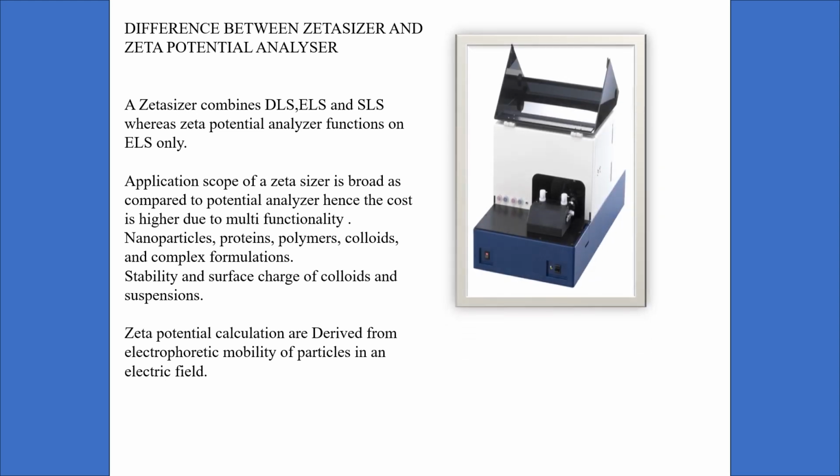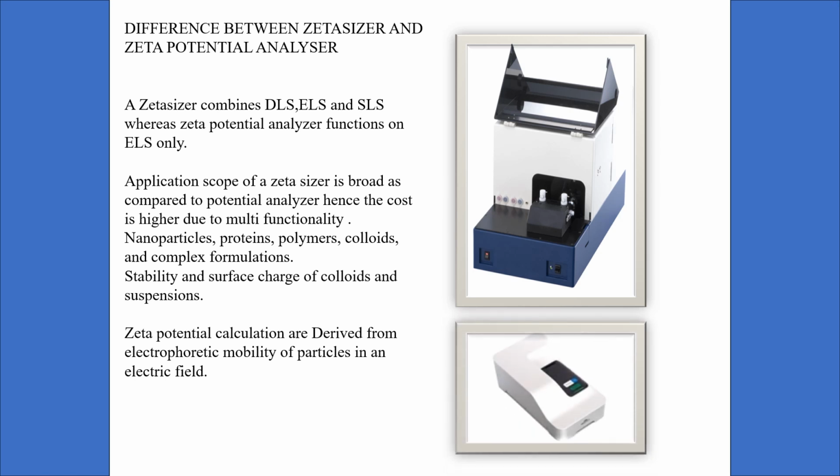The application scope of a Zetasizer is broad as compared to that of a zeta potential analyzer. A Zetasizer can analyze nanoparticles, proteins, polymers, colloids, and complex formulations, whereas a zeta potential analyzer measures the stability and surface charge of colloids and suspensions.